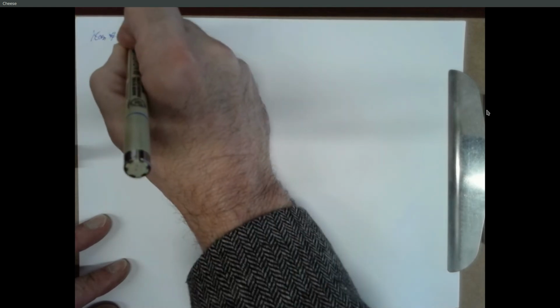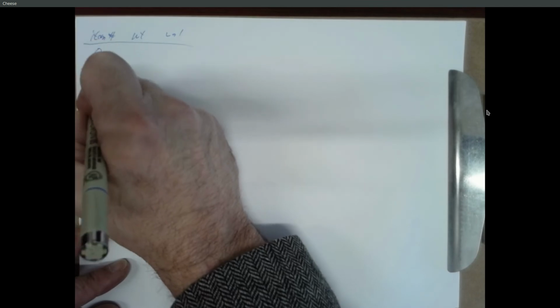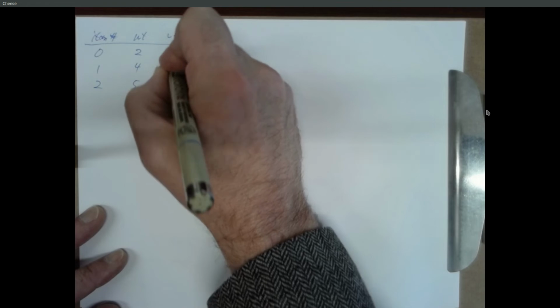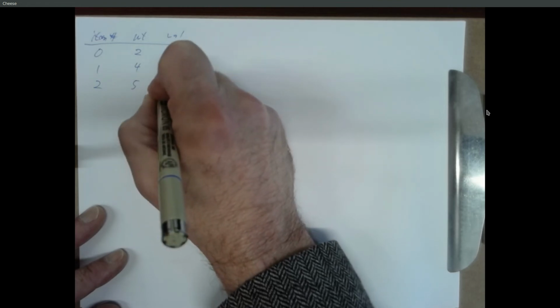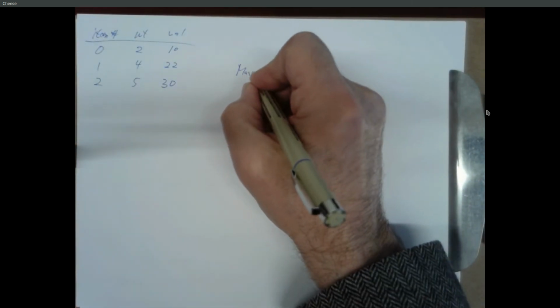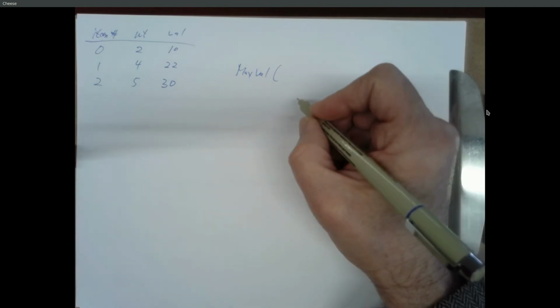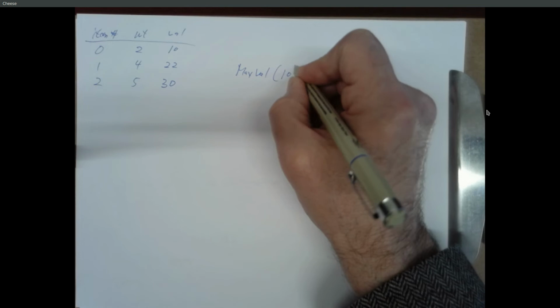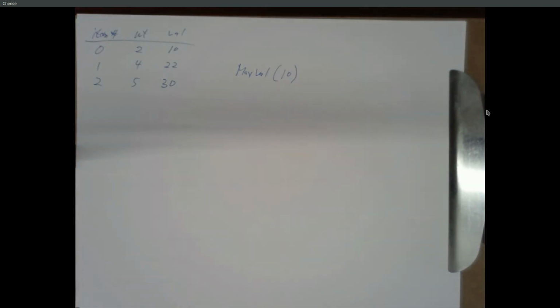So here's an item number, here's a weight, here's a value. All right, hypothetical example, and these numbers are not going to be correct. So let's say we want to find the maximum value we can get out of a bag that holds 10 pounds. Okay, we're not going to go into the recursive calls, but what does this look like? There's three possibilities.